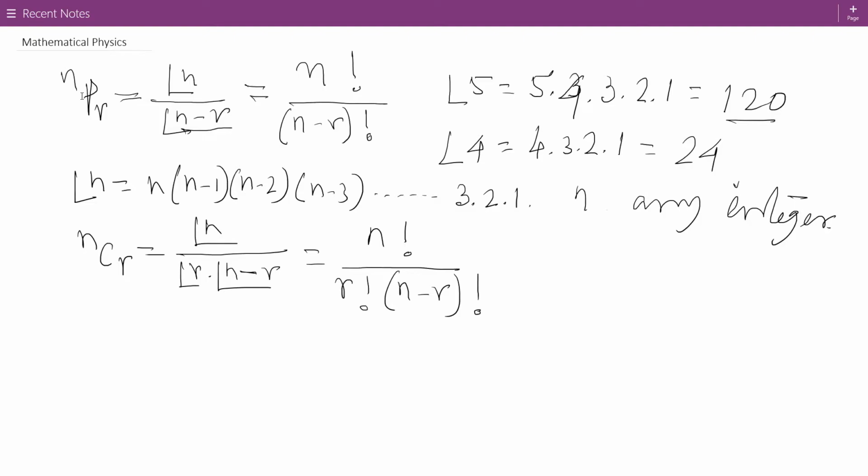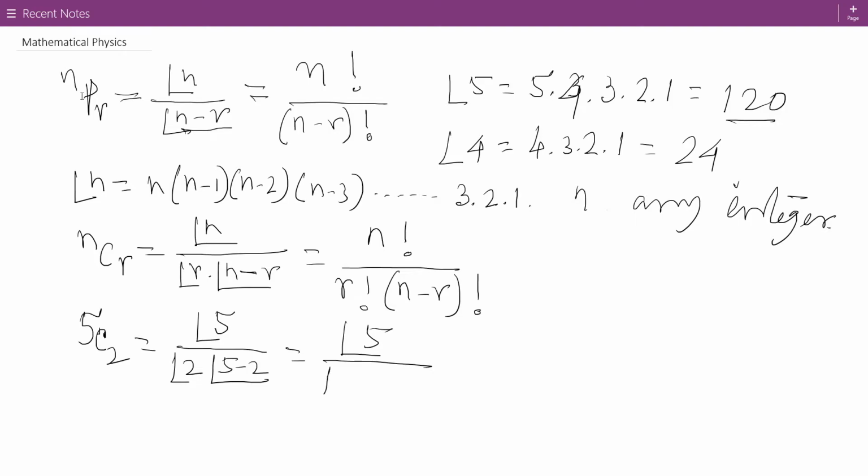For example, 5C2, you write factorial 5 by factorial 2 into factorial 5 minus 2. That is factorial 5 by factorial 2 into factorial 3.